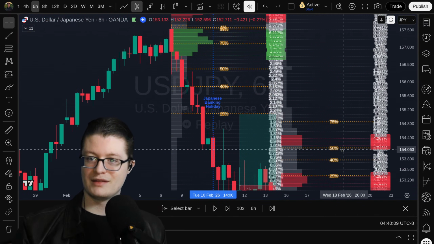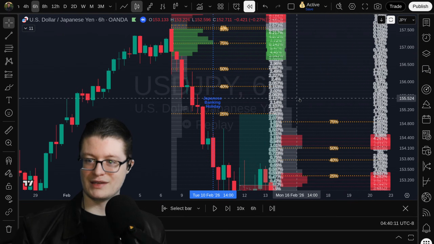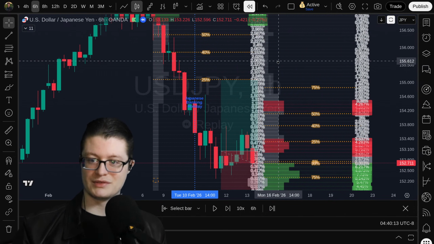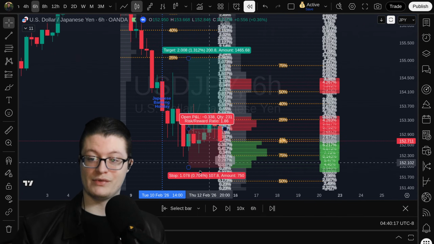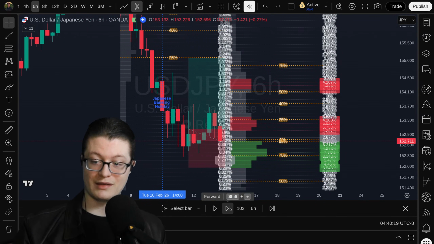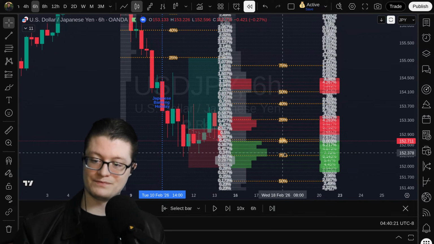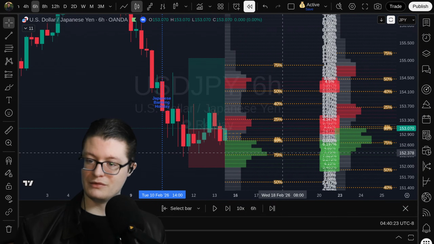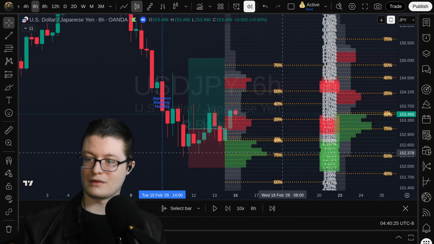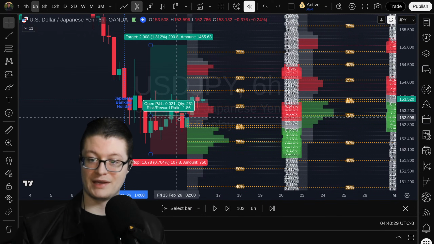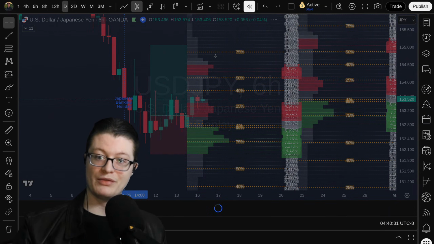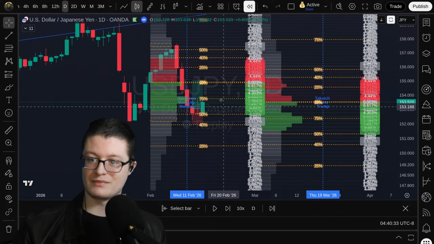Not shorting into this, because Lord knows this could whipsaw back. Yen can be quite volatile, which is one of the reasons why the leverage is a lot lower. So still, I went long way down here because I was expecting, based off the monthly ranges, this to work out.